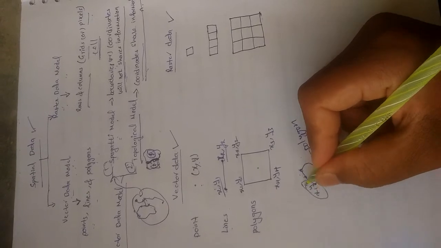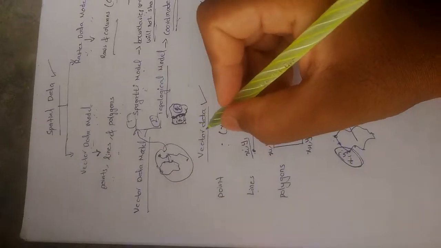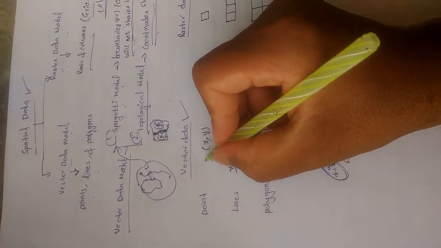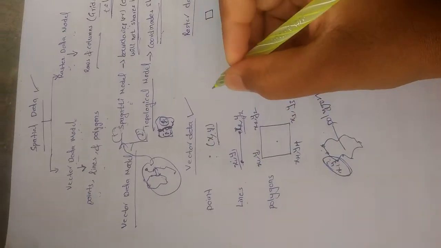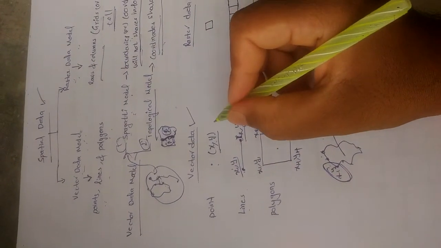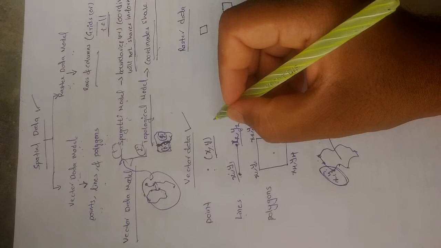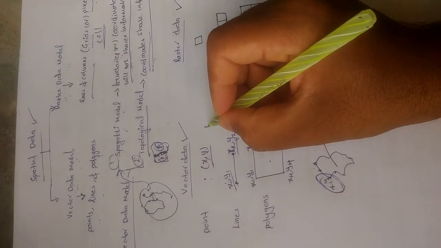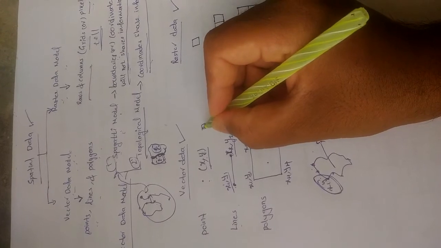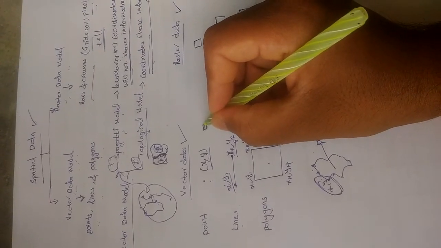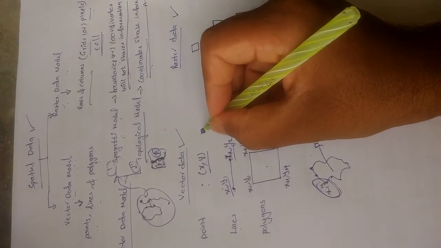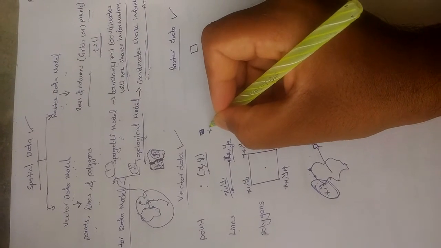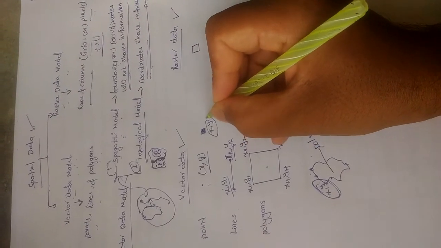And at every corner it will have some boundaries and some x and y coordinate values. What do x and y mean in practice? For example, if you want to locate one place or one house or residential building, it will have some x and y coordinates.